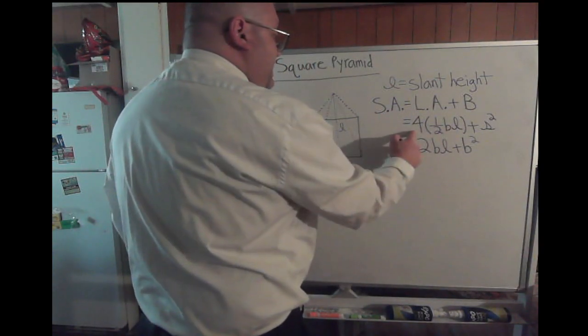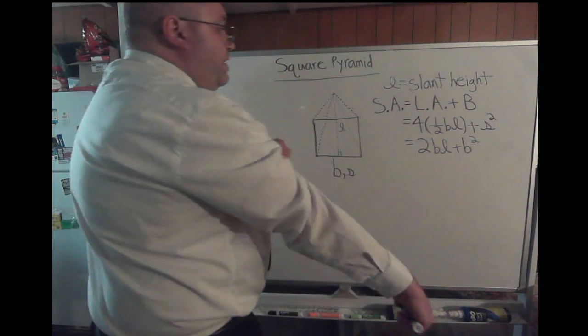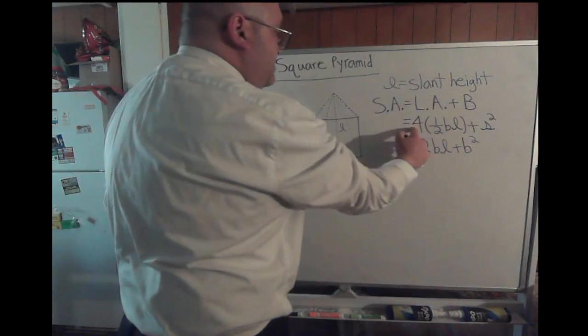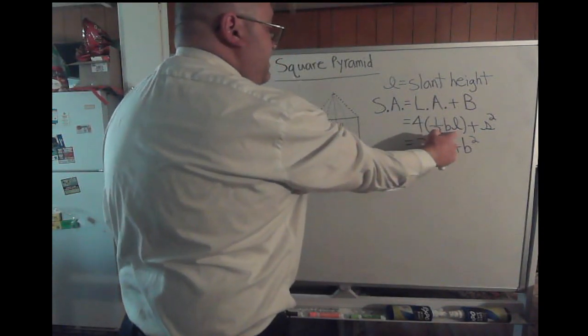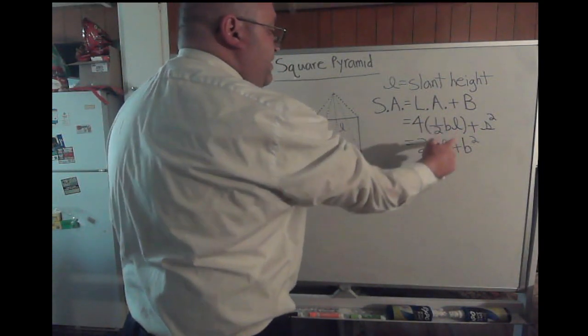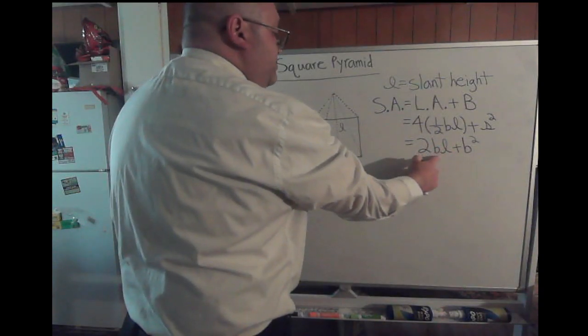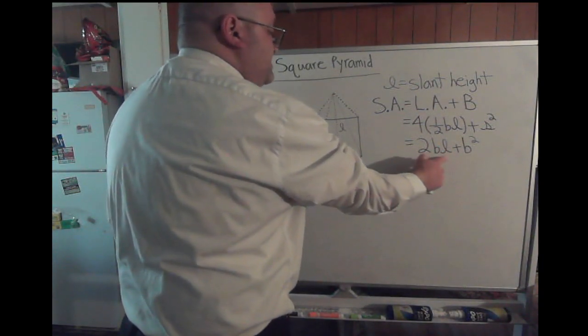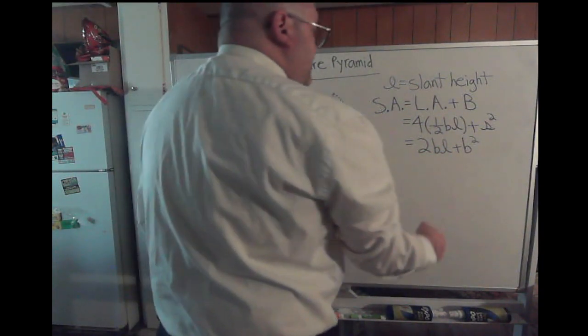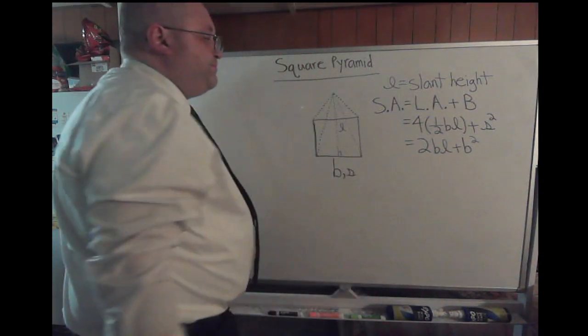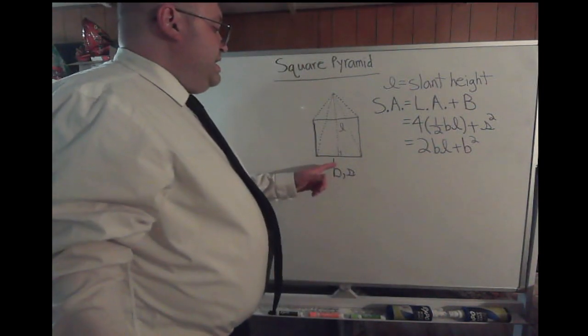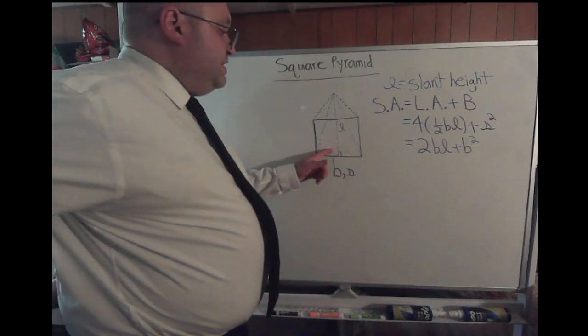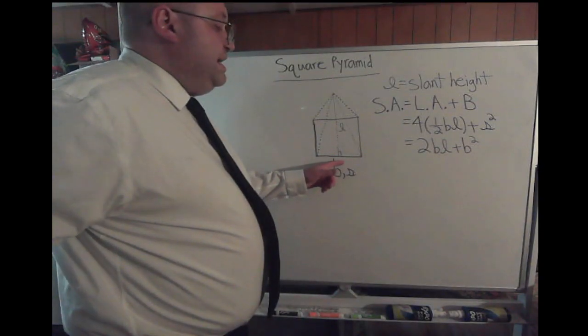Well, it works out that when we take 4 times half the base times the slant height, you get 2 times the base times the slant height for your lateral area. Now, the base of the triangle is also a side of the base of the square.